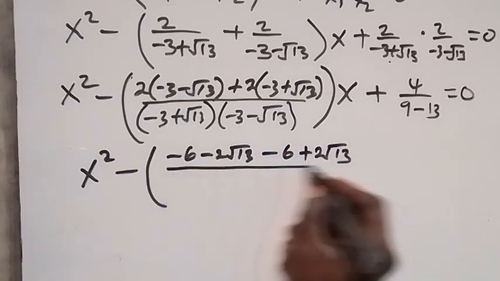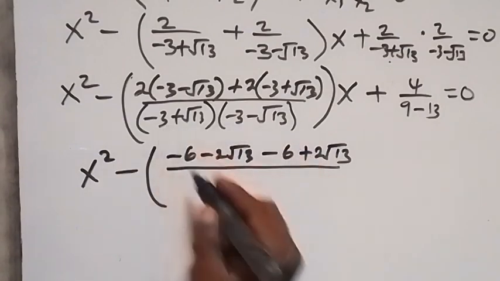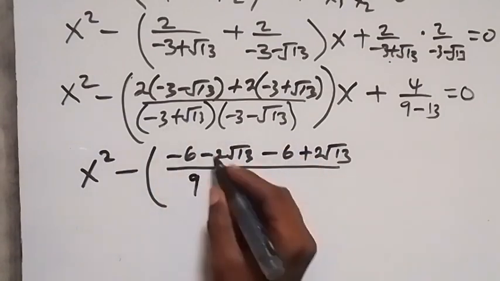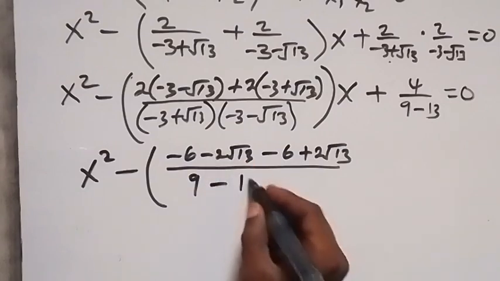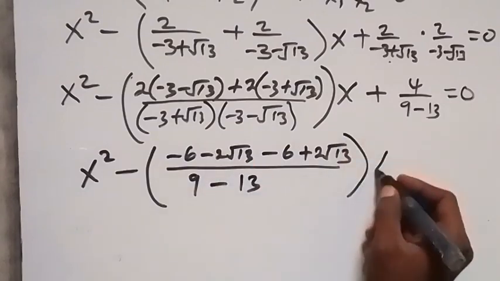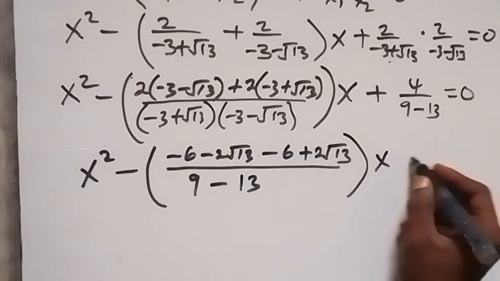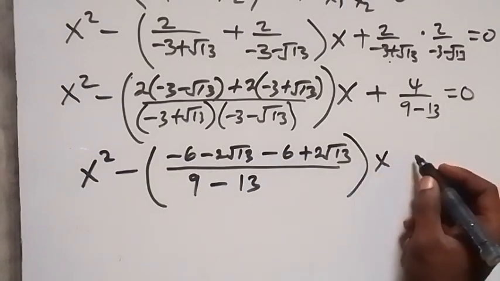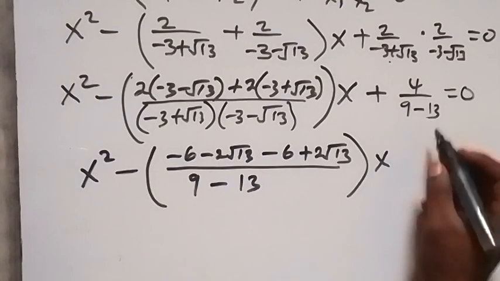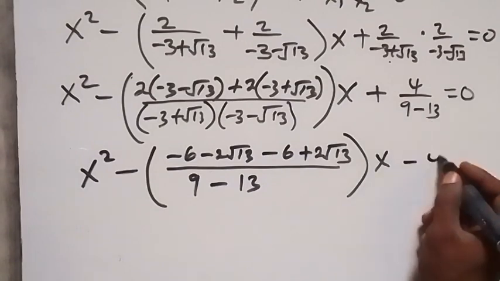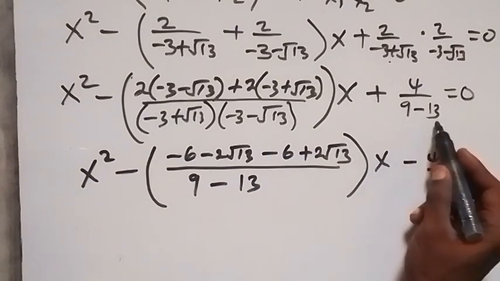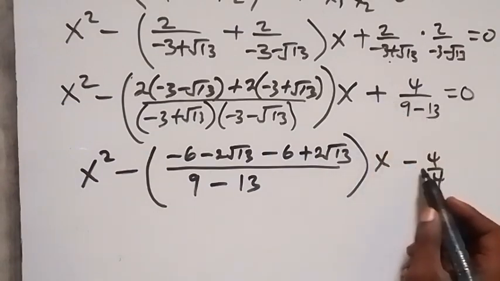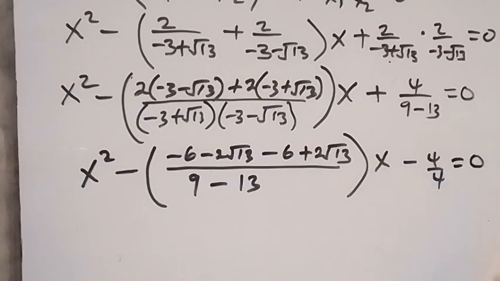Then divided by, also we have conjugate surds there. That's minus 3 squared, that's 9, then minus root 13 squared, that's 13. Then times x. Then plus 4 over minus 4. That can be written as minus 4 over 4, because here we are going to have minus 4 and then we have plus there. So same thing as minus 4 over 4 equals 0.